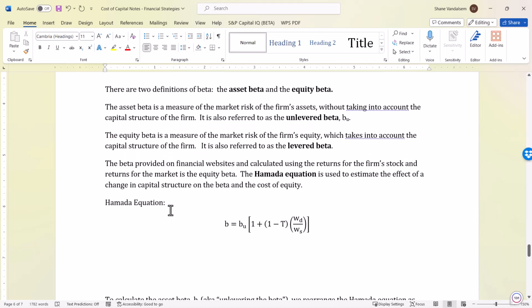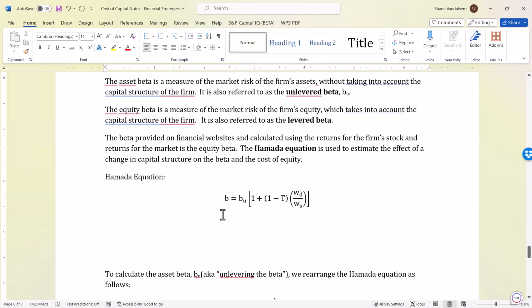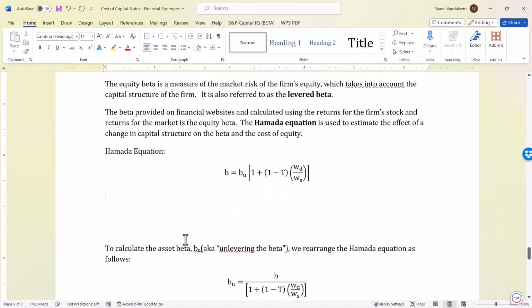This is what the Hamada equation looks like, where B is the levered beta, so B is the levered or the equity beta, and B sub U is the unlevered beta or the asset beta.